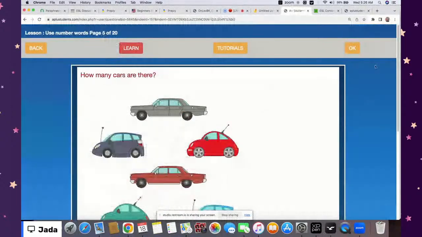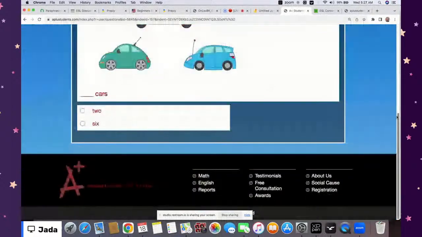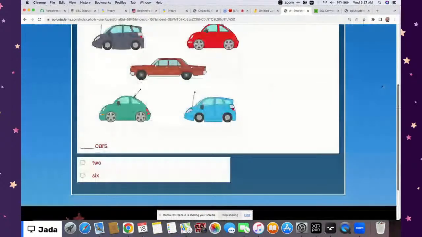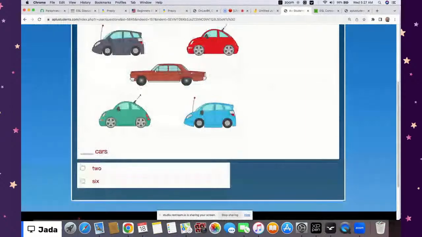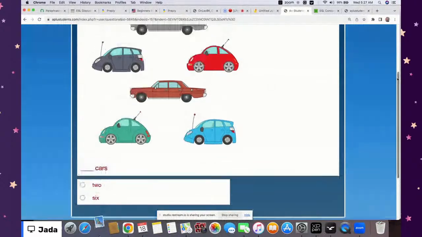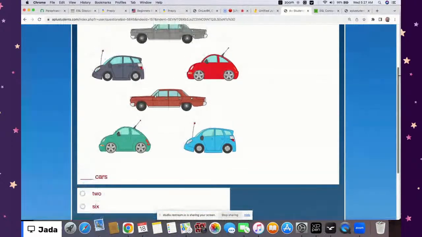Then how many cars are there? How many cars do you see here? Six. Okay, six cars.